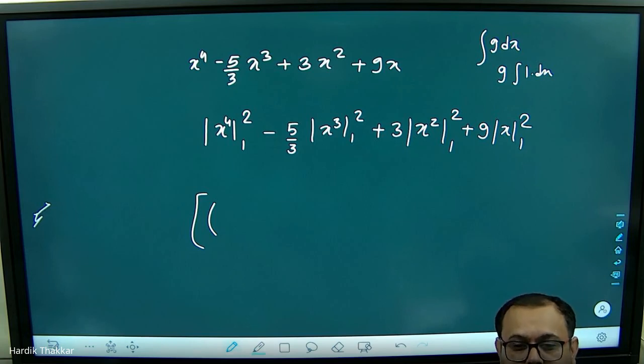Chevy and Naina, which questions are you solving? Sir, I am solving question number 4, second part. Okay.